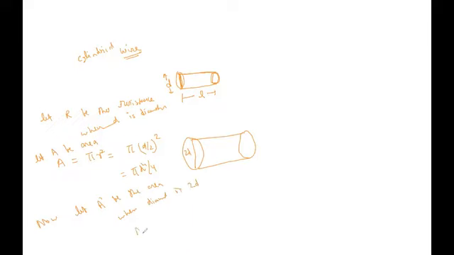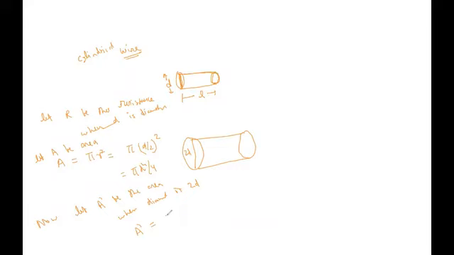So what is A prime? Pi (2d) whole square by 4. If you don't want to do it in one step, you can do it slowly also, so that you don't miss anything.